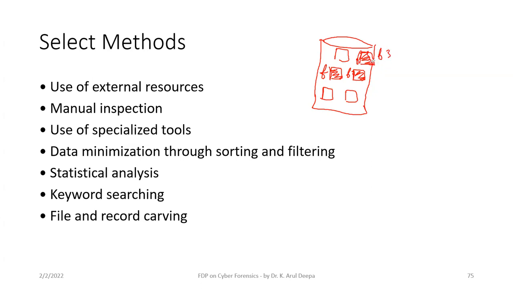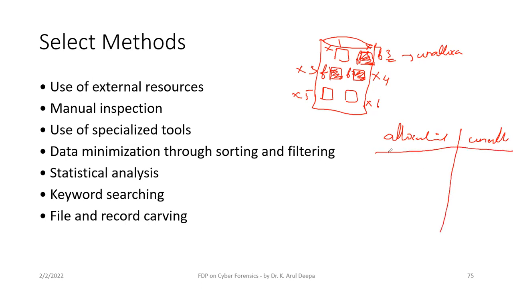So the content will be there, but it is considered as unallocated space. X1, X2, X3, X4, X5, X6 are the sector numbers. So now I have allocated space and unallocated space with me.